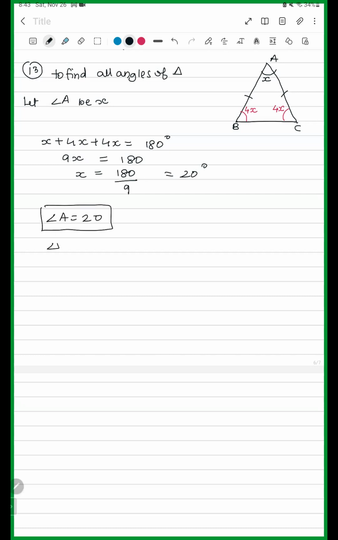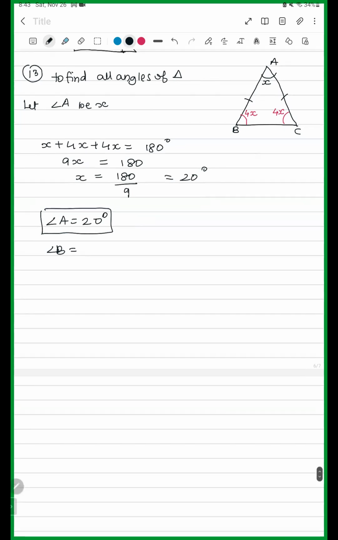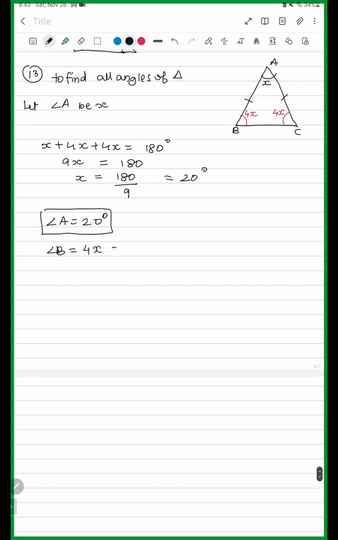So angle B will be how much? Angle B is 4x, isn't it? So 20 multiplied by 4, and that is 80.